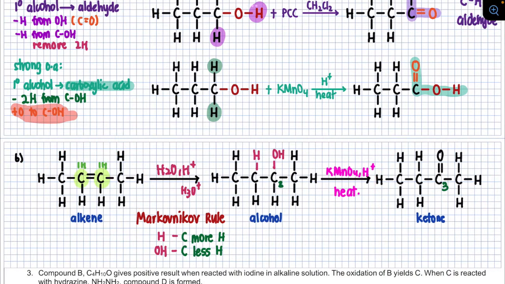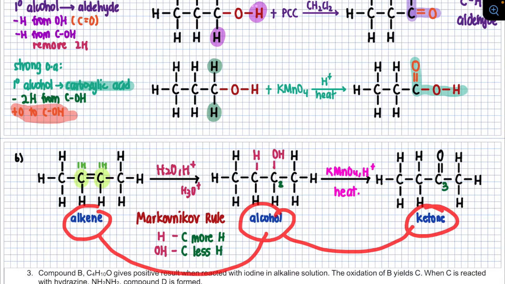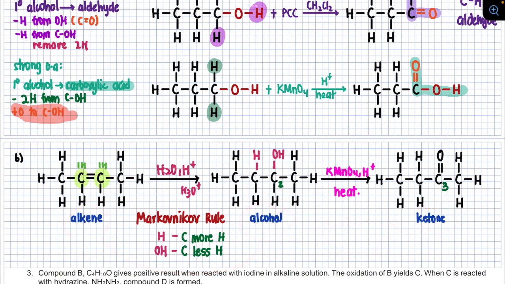What happens here is that from our alkene, we have to make it an alcohol first. The alcohol can then become a ketone by oxidation, because this ketone must come from a secondary alcohol. So how do we go from alkene to alcohol? Revise chapter 5.